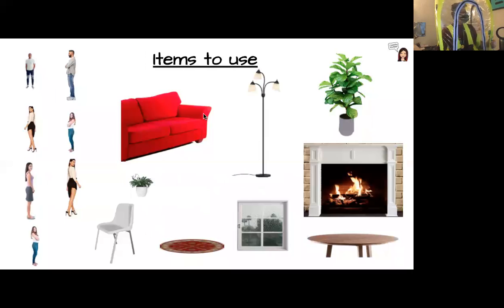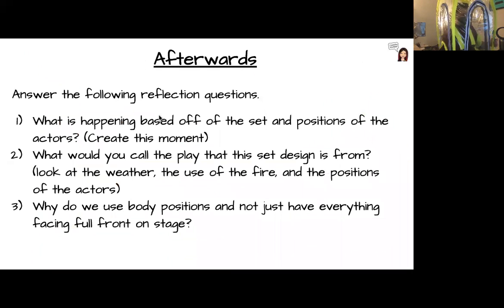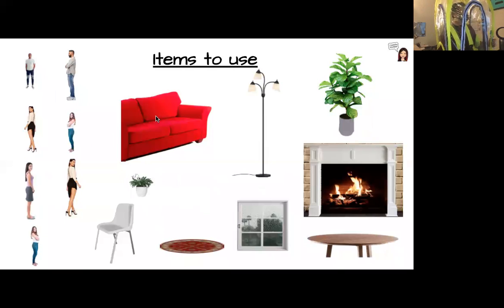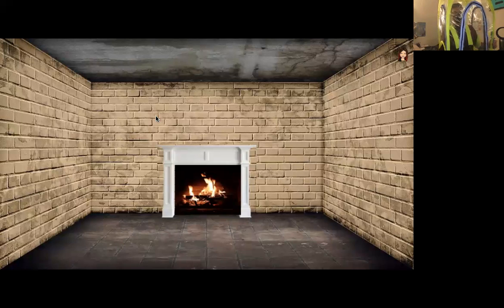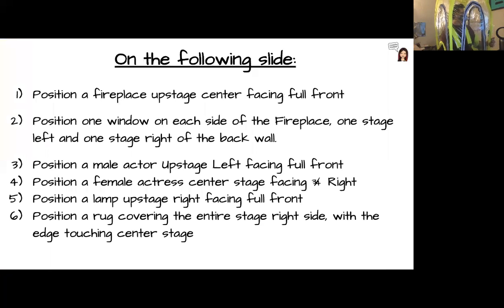You will copy and paste the items from the catalog onto the stage in the correct area I tell you, and facing the correct body position that I tell you. All right? So for example, number 1, I've asked you to position a fireplace upstage center facing full front.